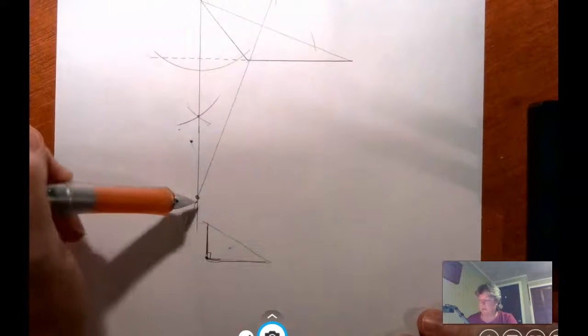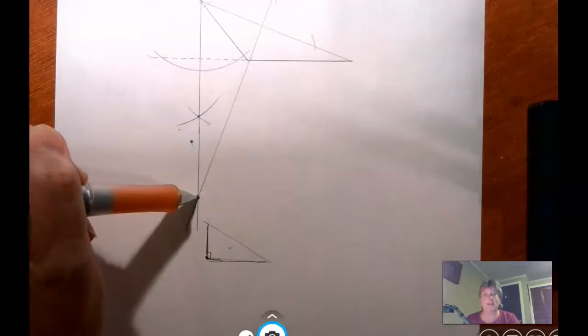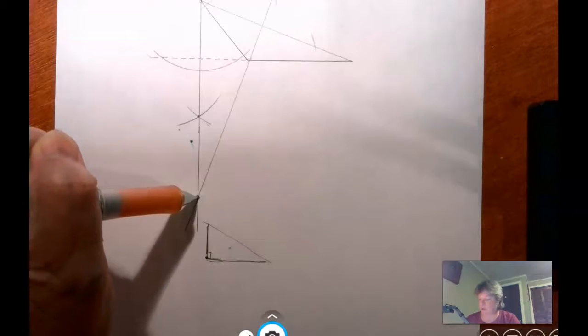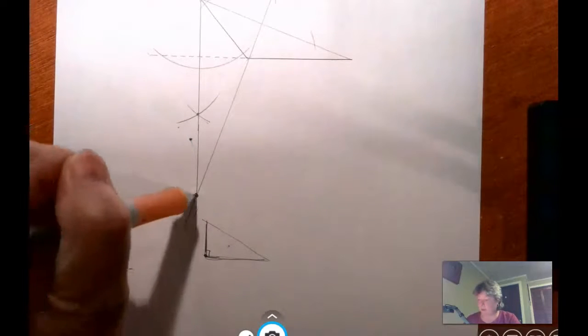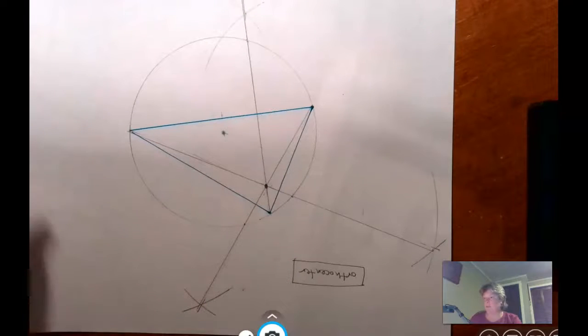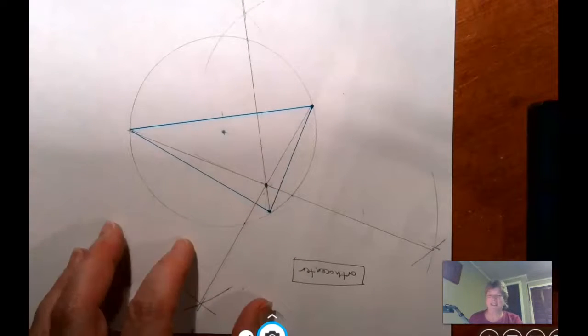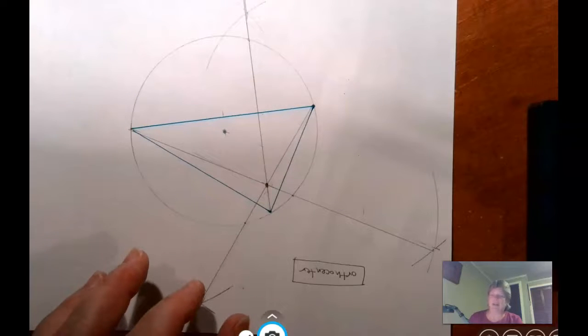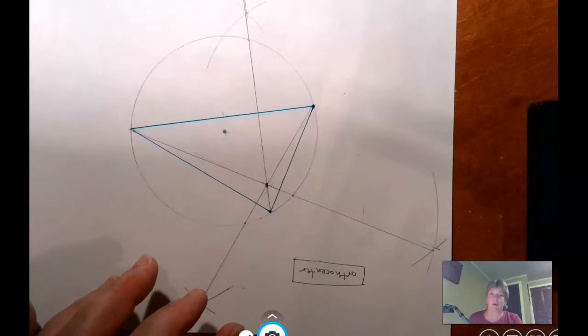So it's important to note that your orthocenter is not always going to be inside the triangle like the other centers are. Sometimes it's on the triangle, sometimes it's outside the triangle, sometimes it's inside the triangle. So I'll leave it to you to decide, and hopefully I already gave it away, how you can determine whether the orthocenter is going to be inside the triangle, on the triangle, or outside the triangle.